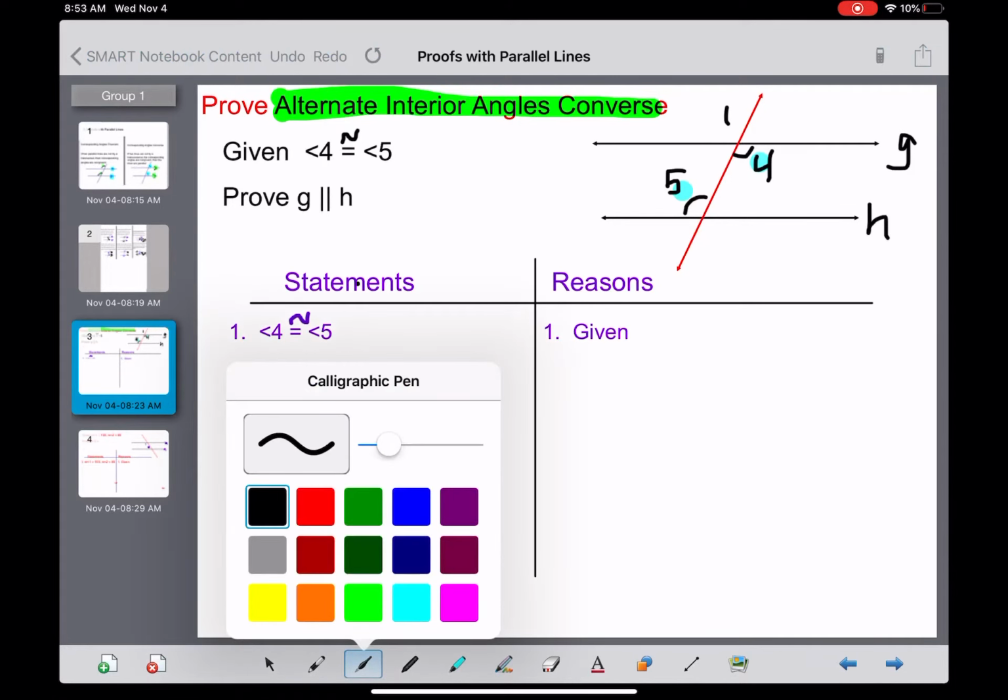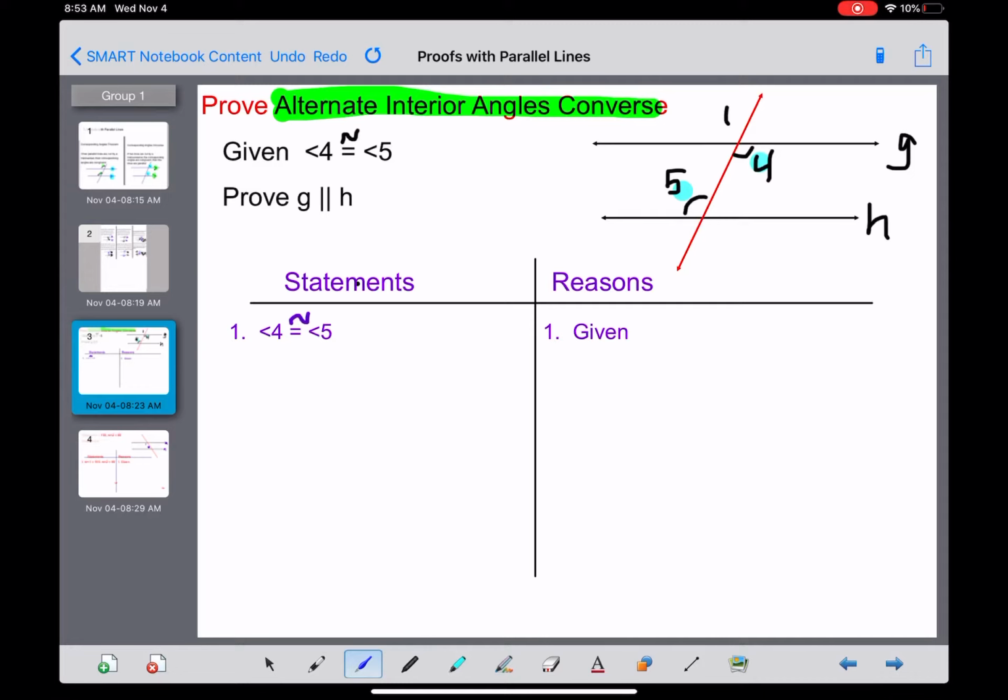If you notice, I also marked a separate angle, angle 1, in the diagram. We're going to use that angle because we know that angle 1 is congruent to angle 4. We know that because they are vertical angles. So that is our vertical angles congruence theorem. If we look at our statements, we have shown that angle 5 is congruent to 4 and angle 1 is congruent to 4. Well, if they're both congruent to the same exact angle, and that angle is 4, then they are congruent to each other.